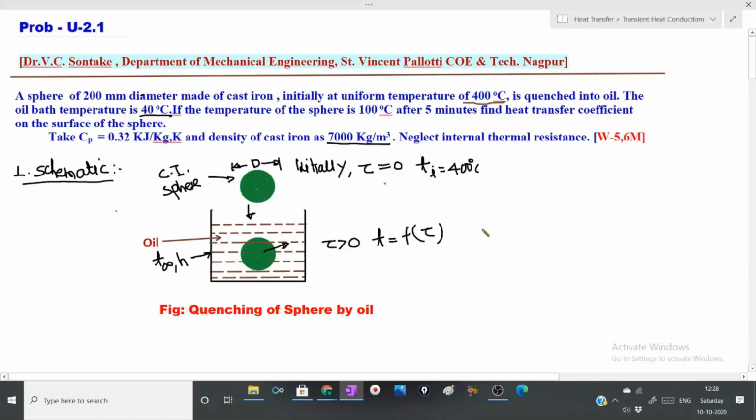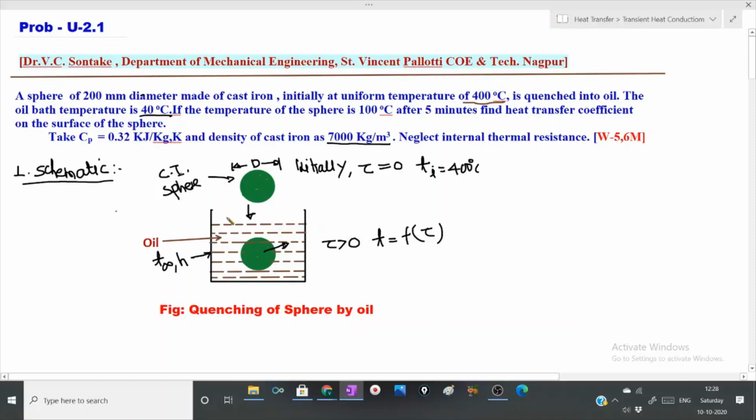And this way you are supposed to represent the parameters involved in transient heat conduction. I have represented the diameter. What is this object? It is a cast iron sphere. Here geometry is important, whether it is a sphere, cylinder, plate or cube.